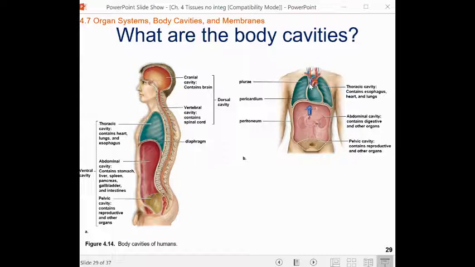It's a noun ending. So pericardium is the sac that goes around your heart. Then you have a peritoneum, which is the cavity that surrounds the abdominal cavity and contains your other digestive and other organs. And then your pelvic cavity contains your reproductive and other organs like your bladder.